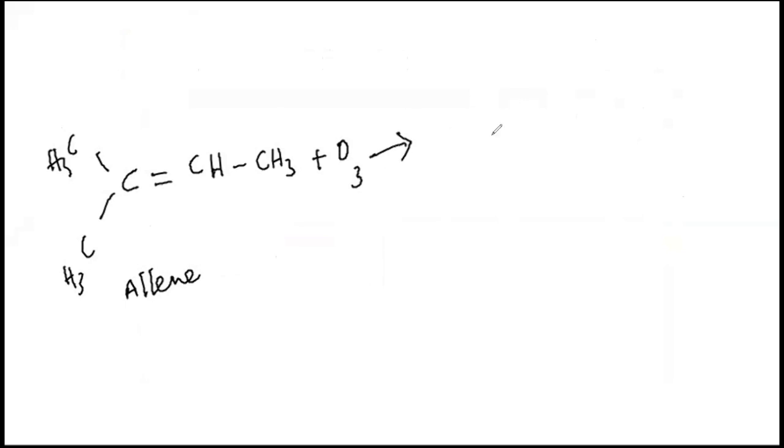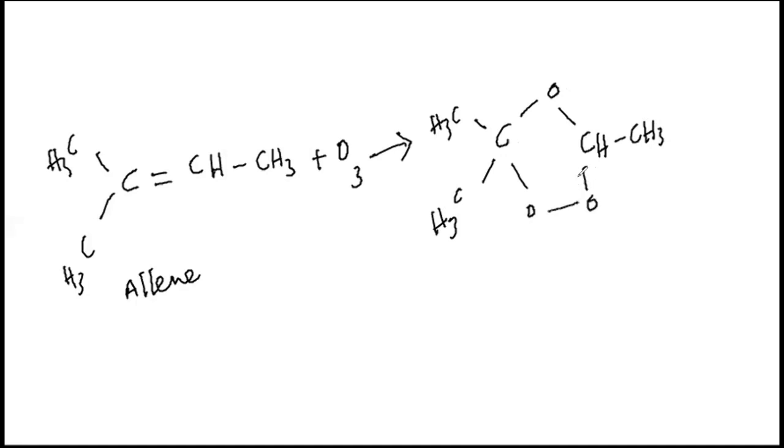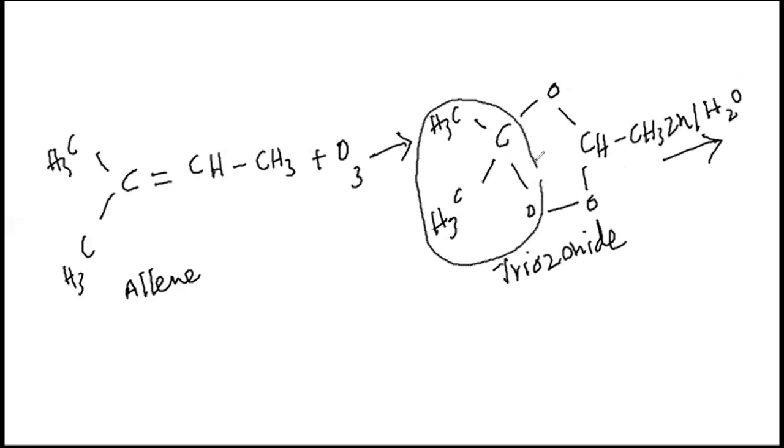It will come and attack at the double bond position. That is CH3, then CH3 like this, then here one H, then CH3, and then oxygen, then another oxygen, like this. It is known as an ozonide compound, which on hydrolysis by using zinc dust gives this one product and this one the other product.